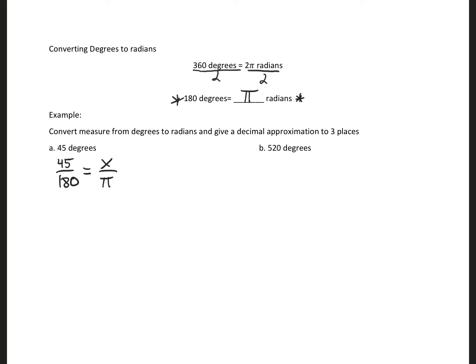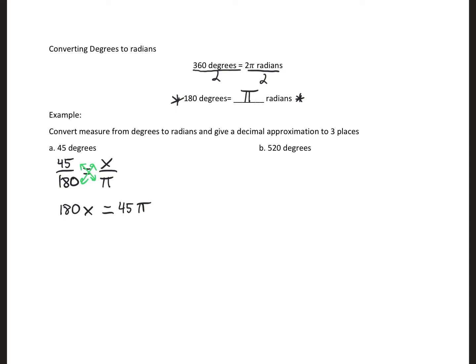So let's solve this for x, because that's what we want to know: the angle in radians that's equivalent to 45 degrees. To solve this, we would need to cross multiply. 180 times x is 180x, and 45 times pi is 45 pi.